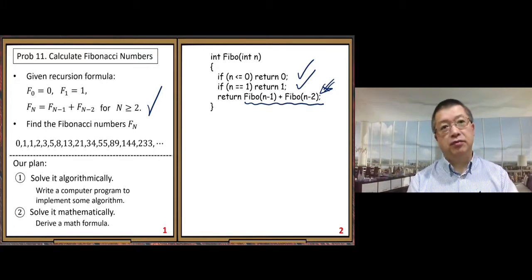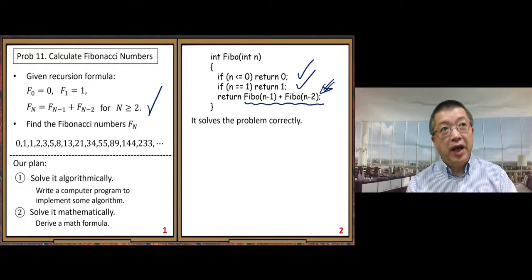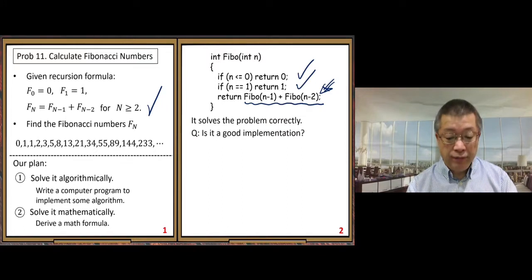Then discussion, a question. No problem, we get the correct answer. This function returns the correct function value. But the question is, efficiency issue. Do we have a good efficiency for this algorithm? Is it a good implementation?